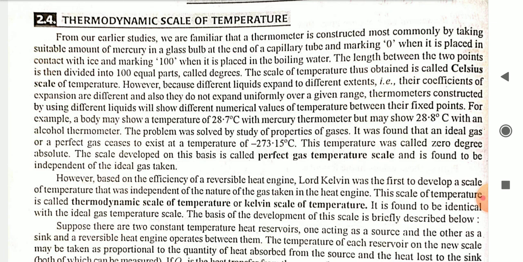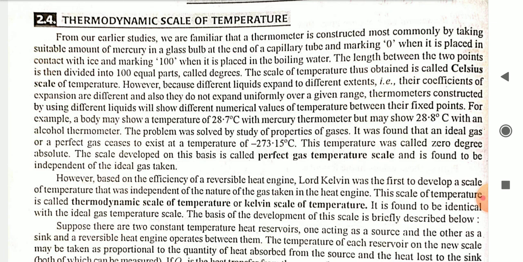The problem was solved by the study of properties of gases. It was found that an ideal gas or a perfect gas ceases to exist at a temperature of minus 273.15 degrees Celsius. This temperature was called the 0 degree absolute. The scale developed on this basis is called the perfect gas temperature scale and is found to be independent of the ideal gas taken.